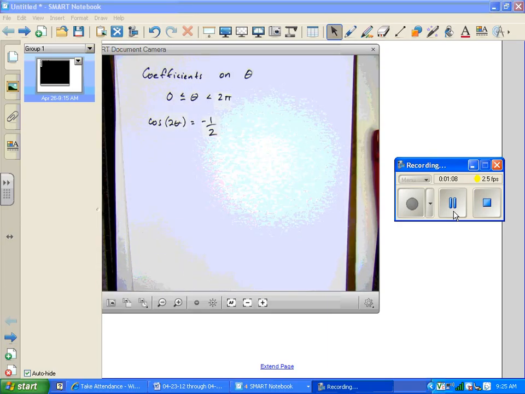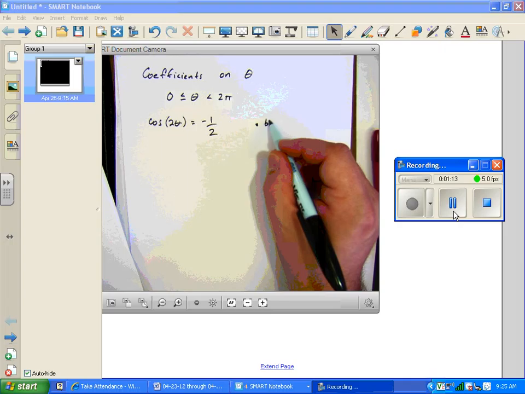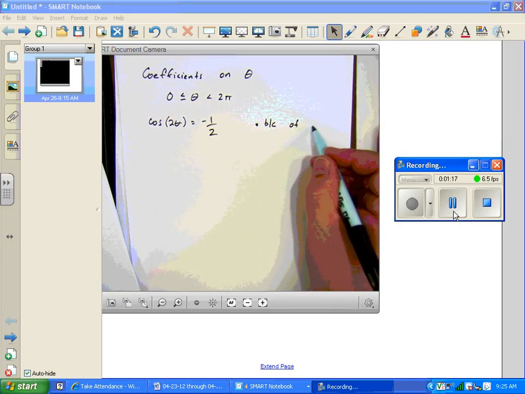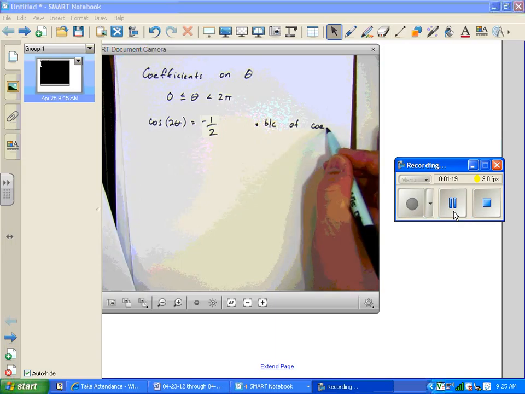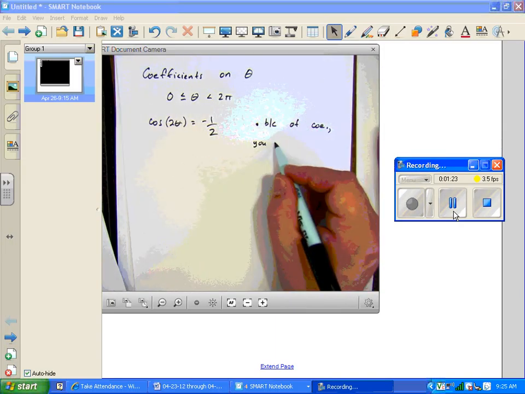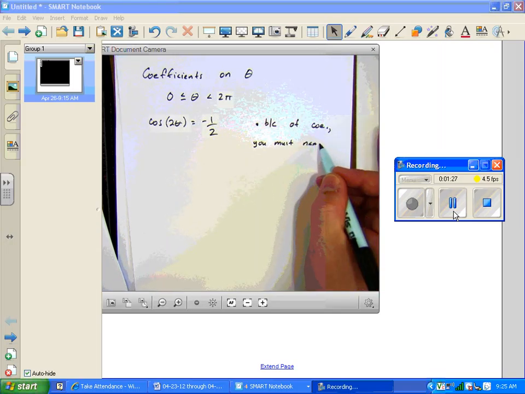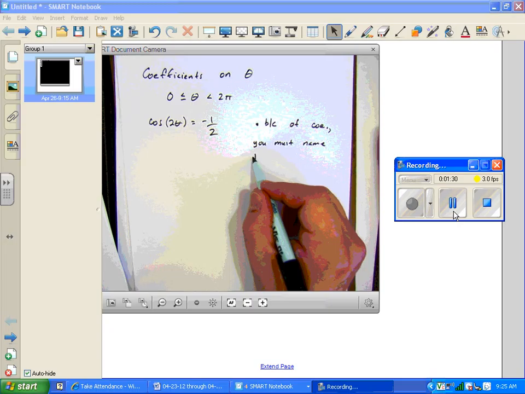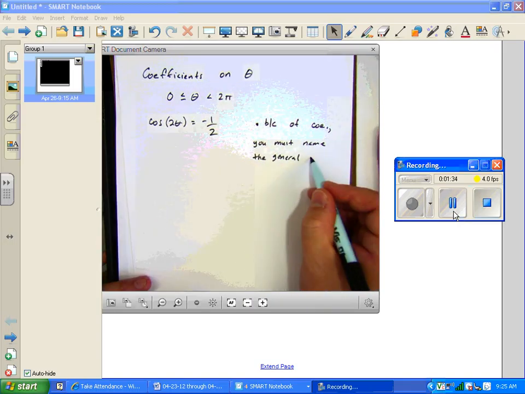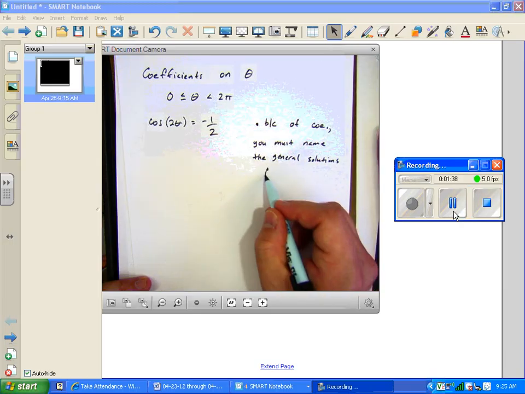Now, the idea is, okay, so be sure you write this down, all right? Because of the coefficient, you must name the general solutions first.